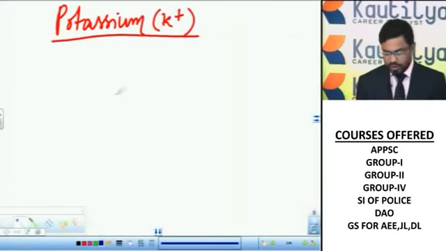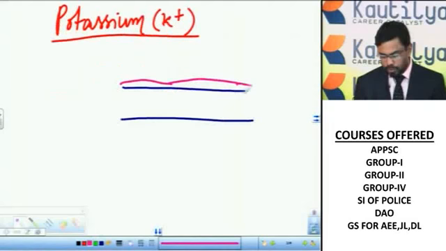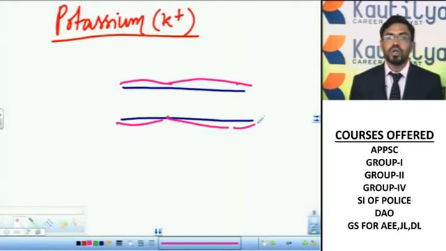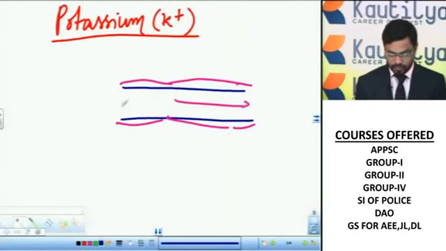This is the axon membrane. On this membrane, a charge, a potential gradient, is created. This potential gradient allows the nerve impulse to move forward. Actually, inside the nerve, sodium ions are more, and outside the nerve, potassium ions are more.